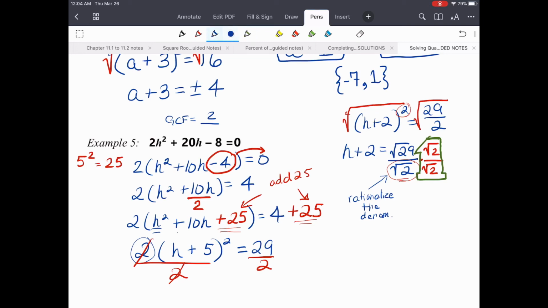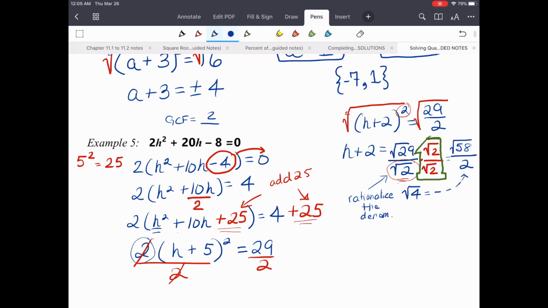So what we have here is 29 times 2, which is 58, over 2. Because the square root of 2 times the square root of 2 is the square root of 4. And the square root of 4 is a perfect square, which equals 2.